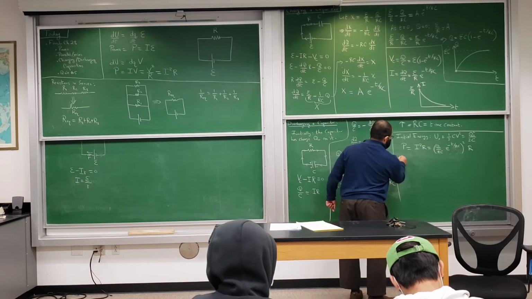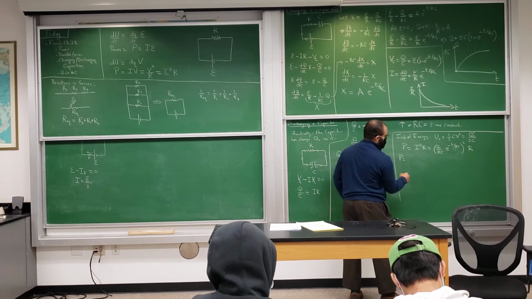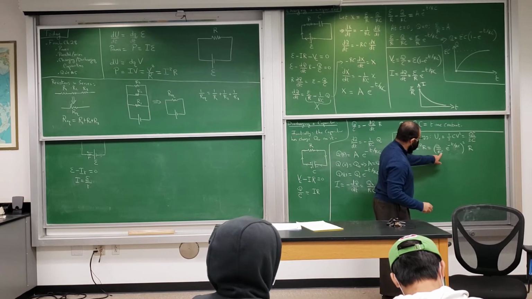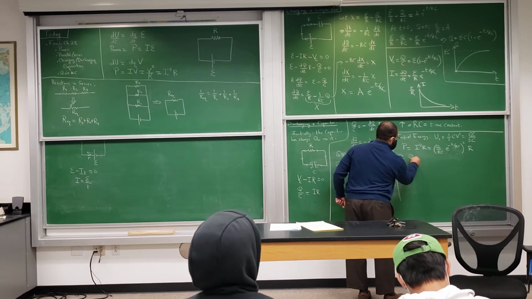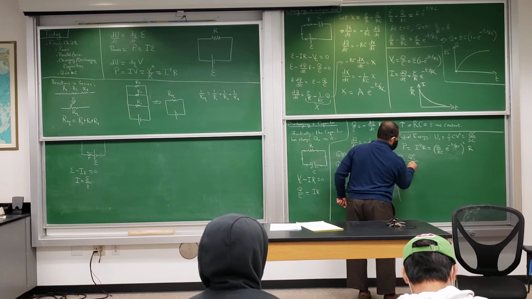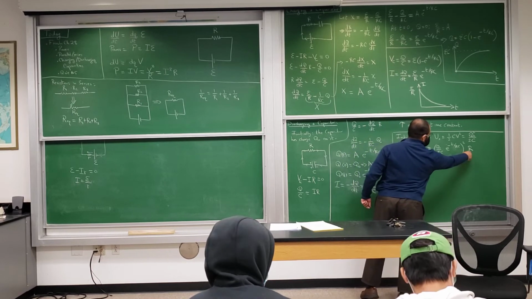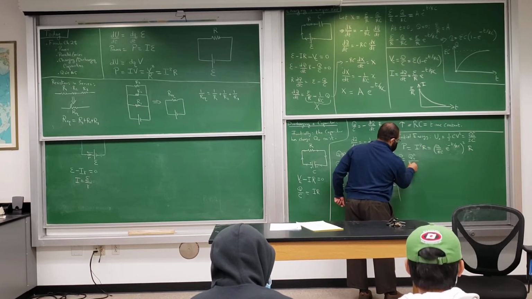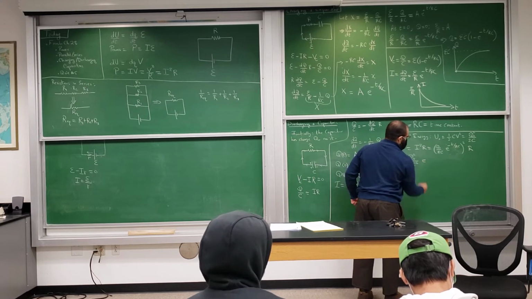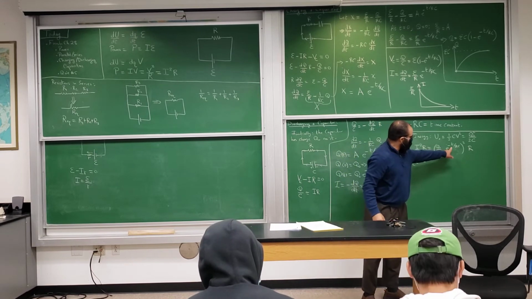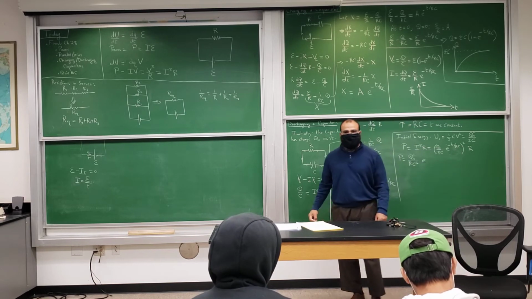So for the power, when you square it, you get Q0 squared over R squared C squared, but there is an R here, so it just becomes an R on the bottom, and then C squared. And what happens when you square e to the minus t over RC?